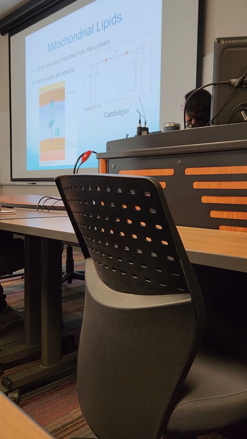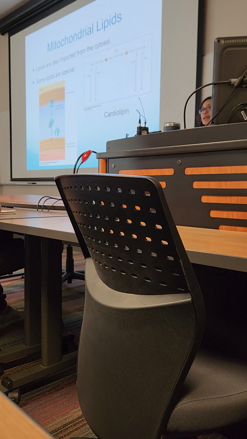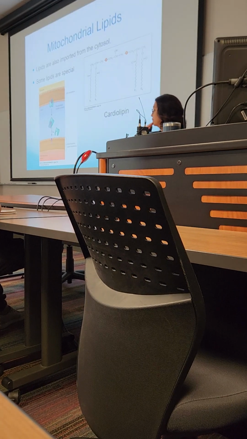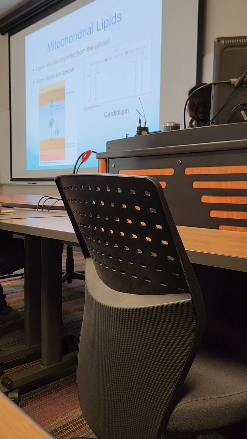But it does have specialized lipids that prevent that H+ proton from just going through it, okay? So the specialized lipid is cardiolipin. So notice what cardiolipin looks like. We've got our glycerol, 2 of them, and here are our 2 fatty acid chains, and then we have this structure that kind of bridges them together.